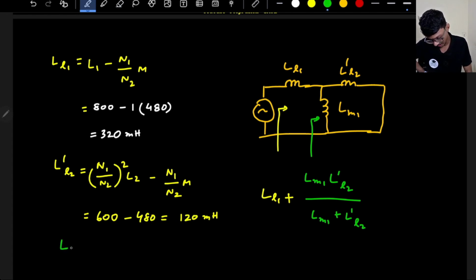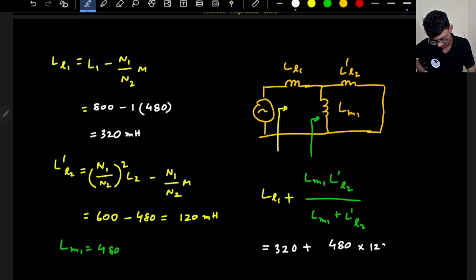And what about LM1? LM1 is just simply N1 divided by N2 into M, so that is 480 only. Now I will solve this question. LL1 is 320 plus LM1, 480, into LL2 dash, 120, divided by LM1, 480, plus LL2 dash, 120.